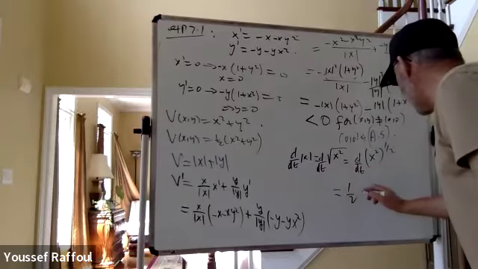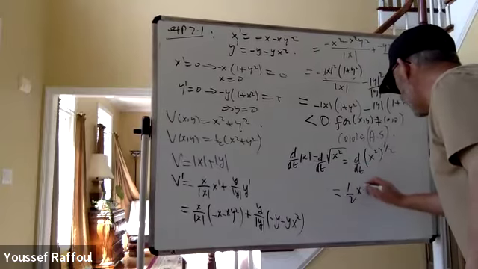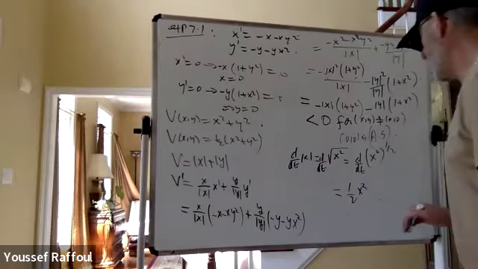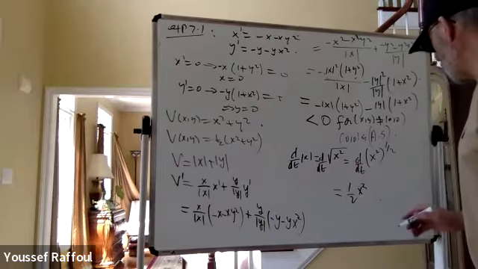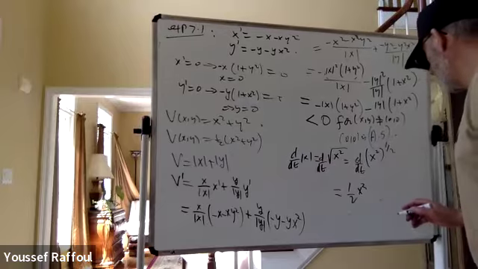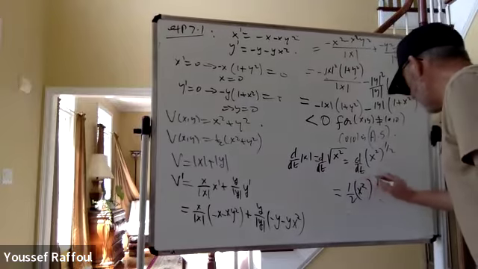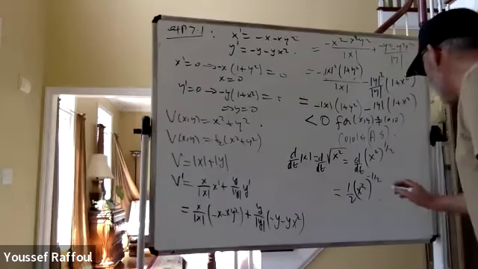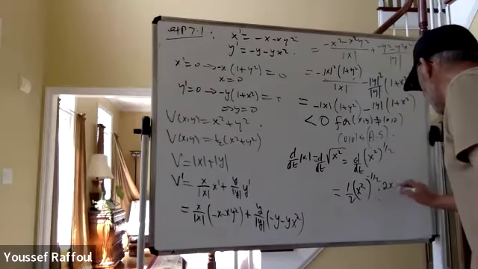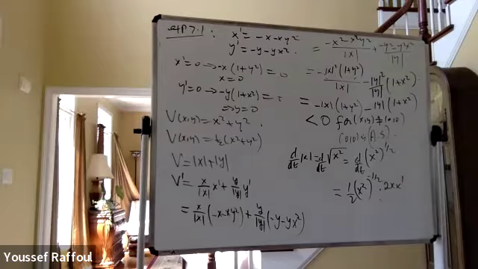And this is 1/2 (x squared) to the power minus 1/2 times 2x x prime, times the derivative of the inside.